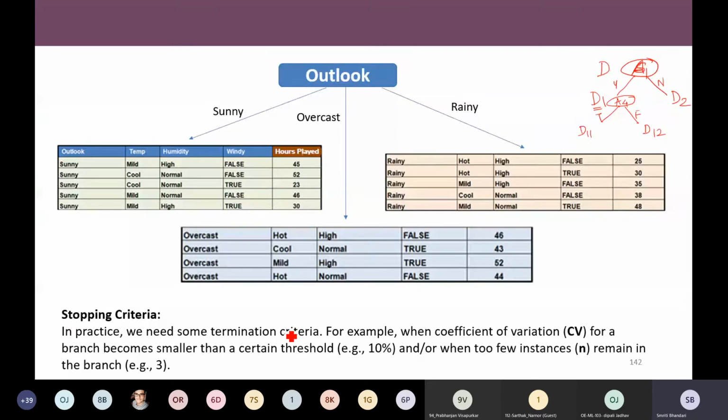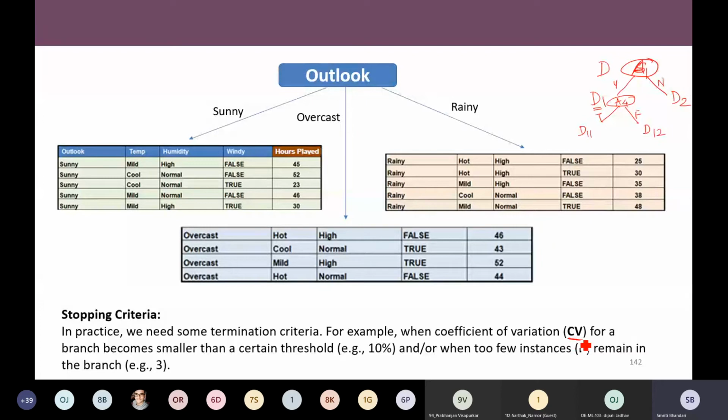For example, when the coefficient of variation, CV, for a branch becomes smaller than some threshold. In step 1 we computed CV.